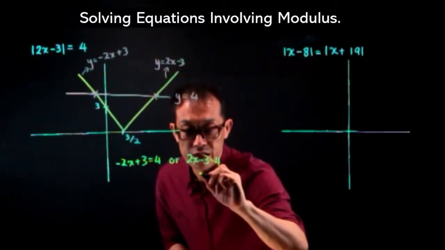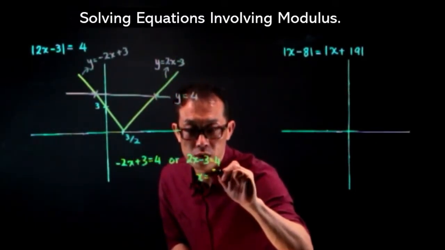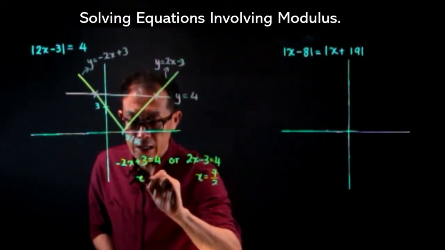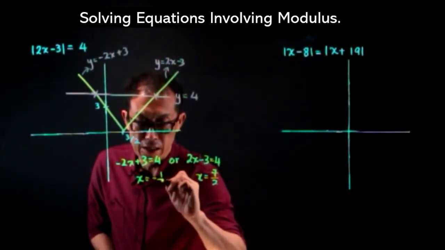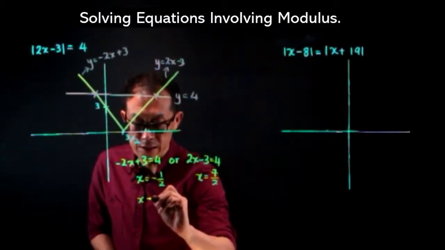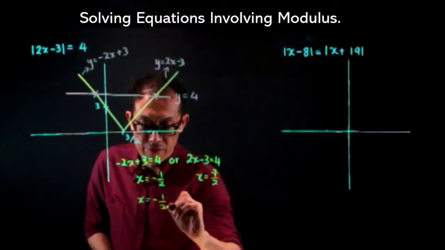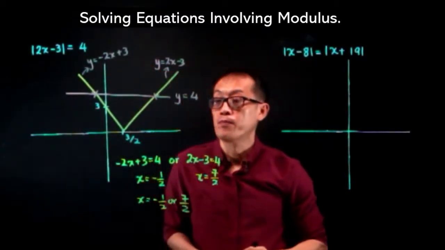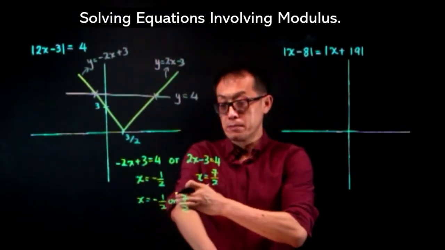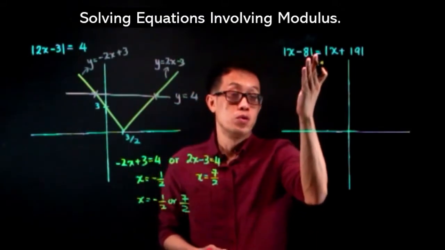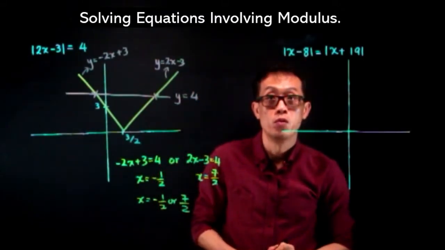You solve this, you get x is equal to 7 over 2, and x is equal to minus half. So your final solution is x is equal to minus half, or 7 over 2. Now it's quite simple, right? This example. Now let's move on to example 2.